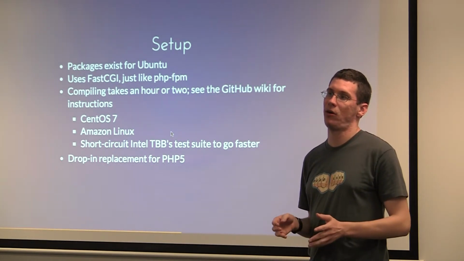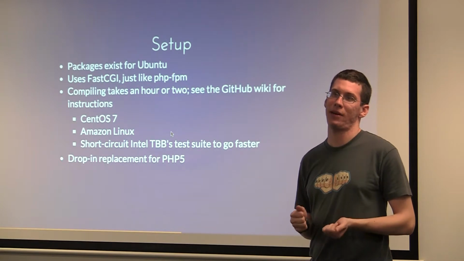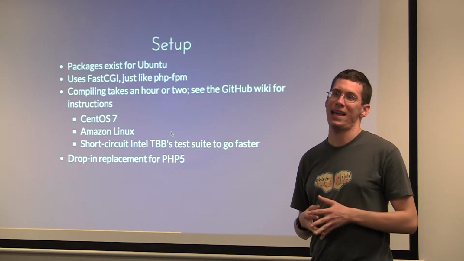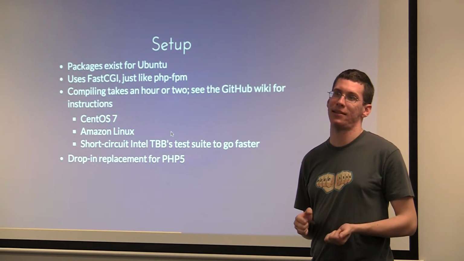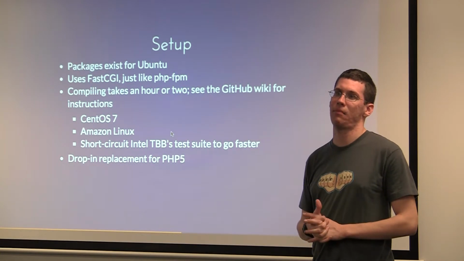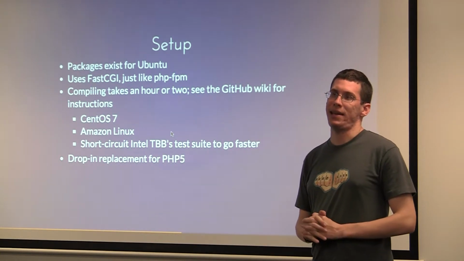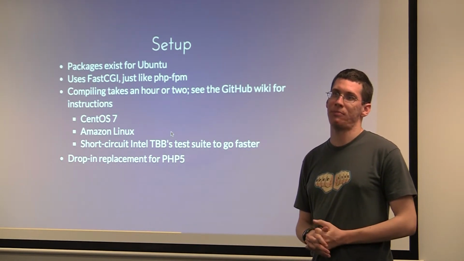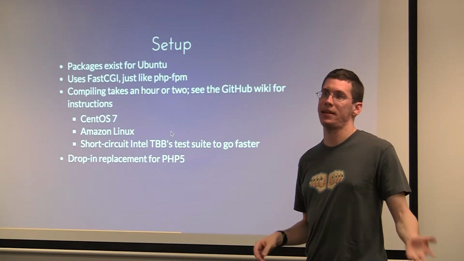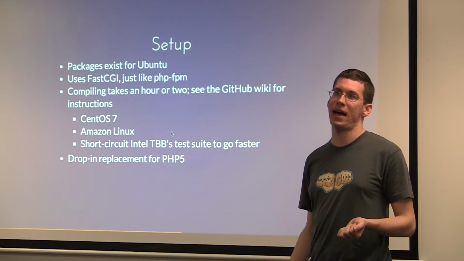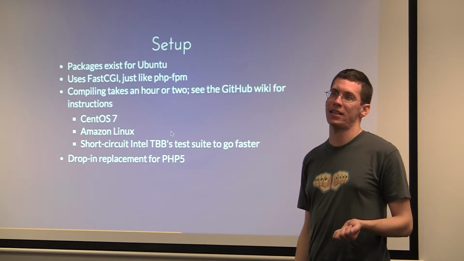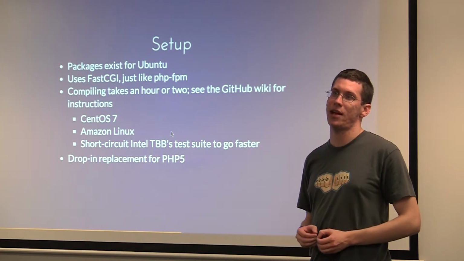There's been talk of actually, for example, allowing or building an Amazon Linux package, which Amazon Linux at this point is CentOS 7 based. That hasn't come to pass quite yet. The compilation process is basically you download a bunch of packages, you compile a few things that your OS doesn't have as packages, and then you compile HHVM.